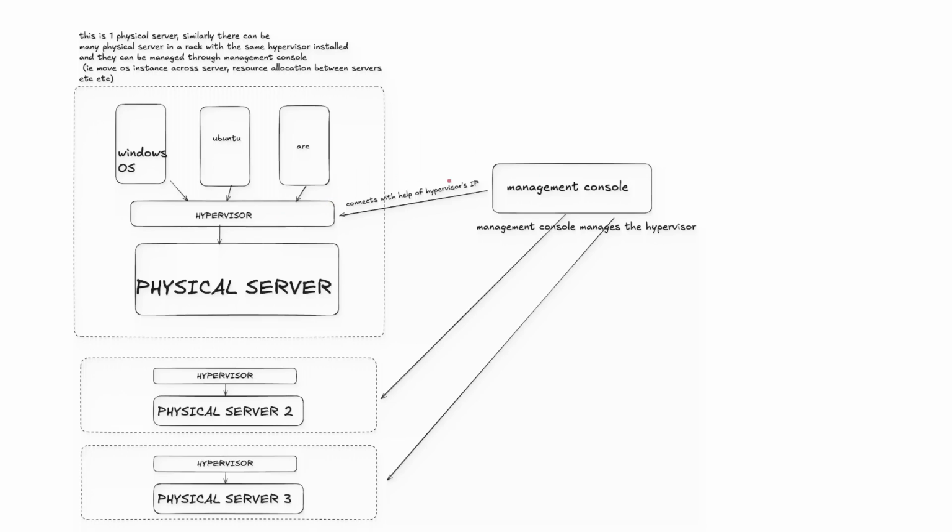Over provisioning refers to a situation where you can allocate more virtual resources than what the physical server can actually deal with. Suppose this server has 4 GB RAM and 200 GB memory.